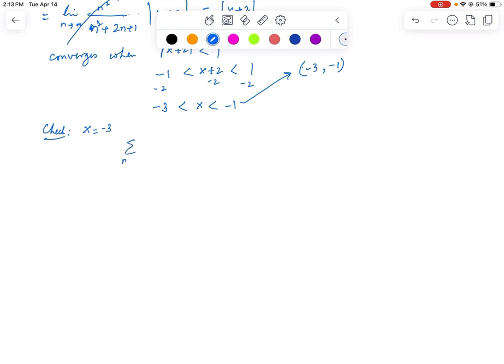Okay. So we have summation. We already have in the series negative 1 raised to the power n plus 1, and we have at the bottom n squared. And over here we have x plus 2 whole to the n. But x is negative 3.